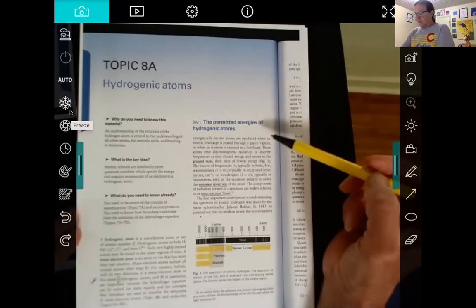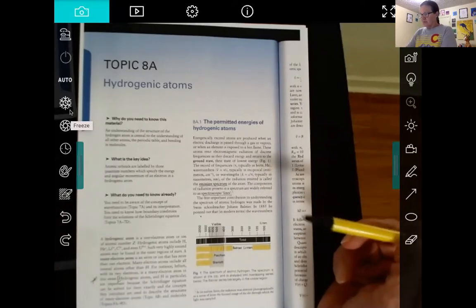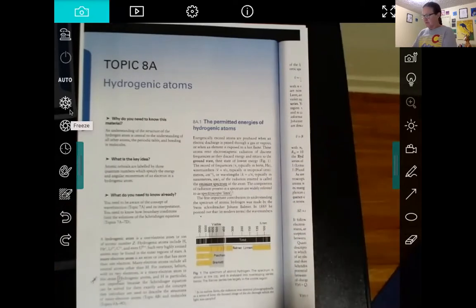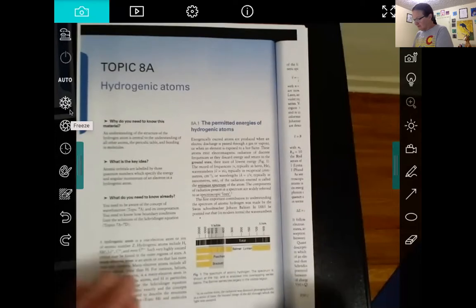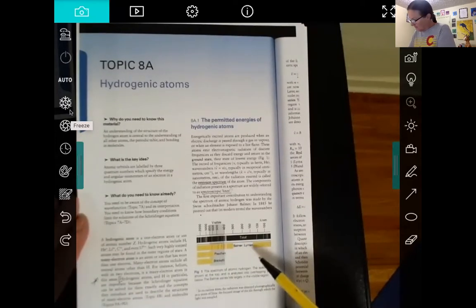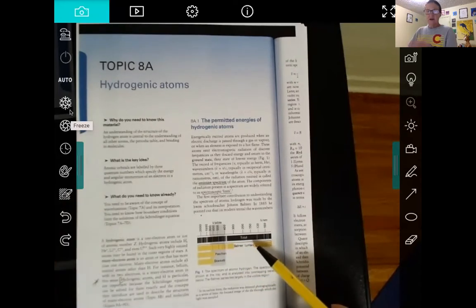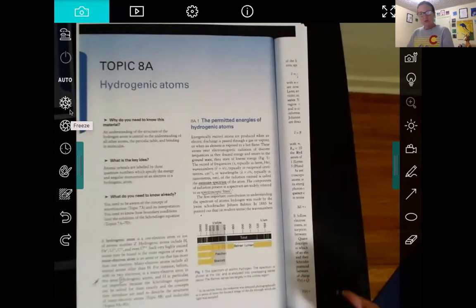The permitted energies were known experimentally. So at this time we have emission spectroscopy where we see that only certain lines. This is the spectrum of hydrogen in figure 1, and it's showing you that there are only certain frequencies or wavelengths of light that are emitted from hydrogen when you excite it.